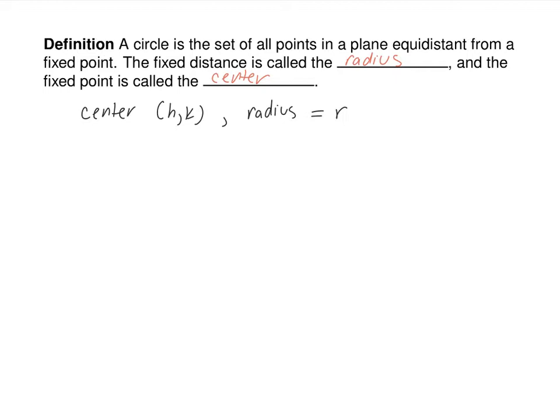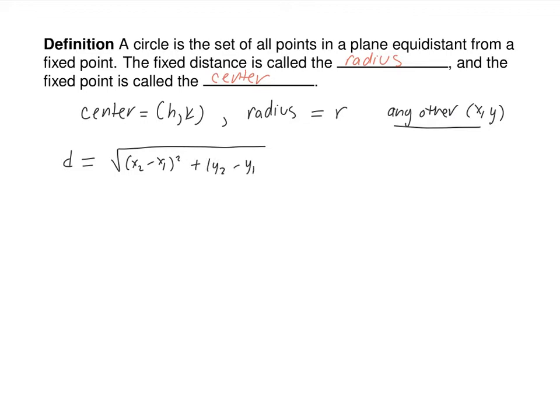I'm going to show you that the formula for a circle comes from the distance formula, okay? So for any other point x, y, here's your distance formula: the square root of x2 minus x1 squared plus y2 minus y1 squared. For any other point on the circle, what is the distance between that point and the center?